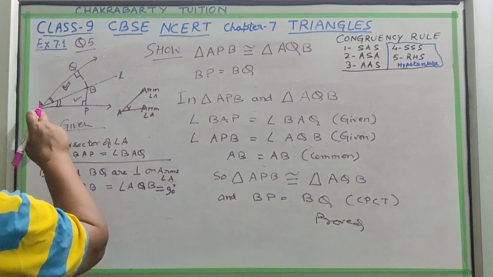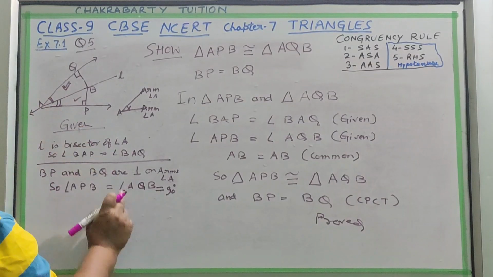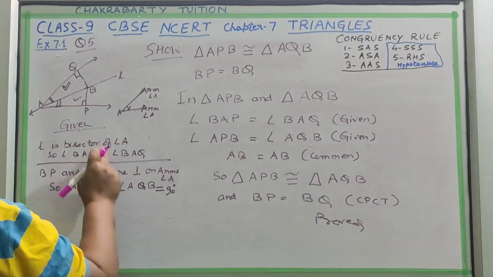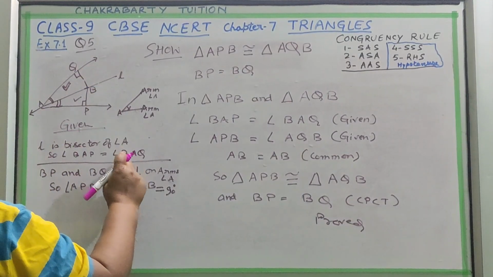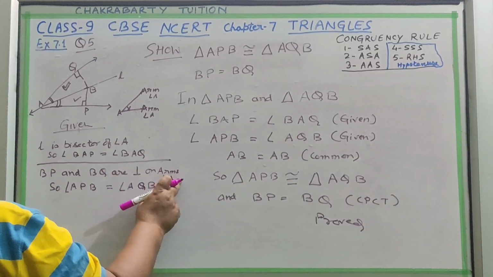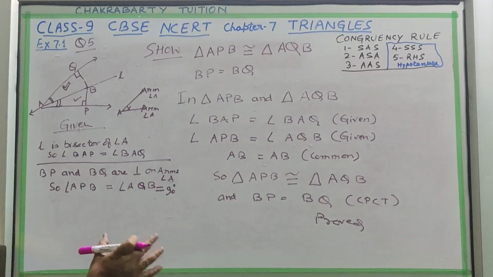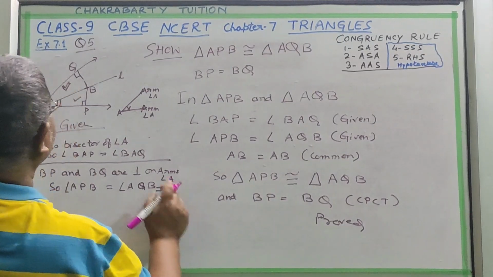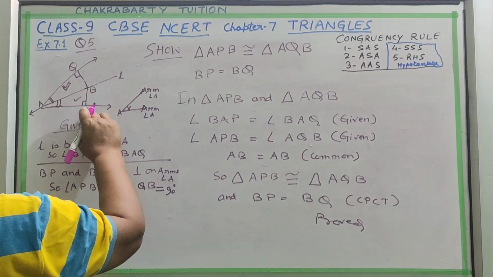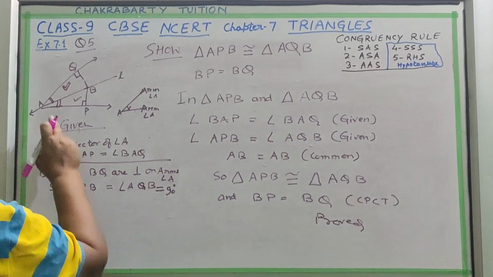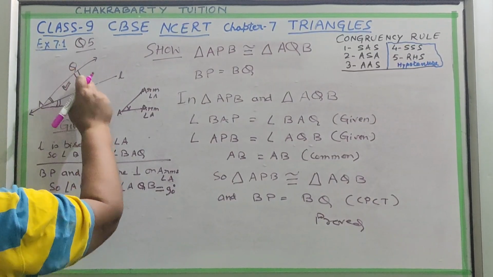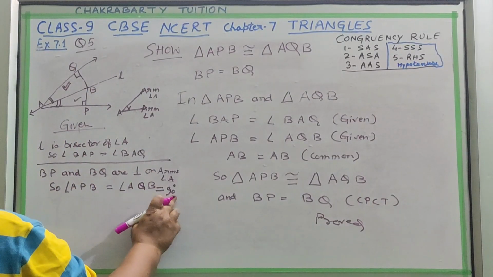Here angle A is there, so BP and BQ are perpendicular on the arms of A. When a line is perpendicular, it makes a 90-degree angle on the base. On this line it will make 90 degrees, and on this line also it will make a 90-degree angle. As such, angle APB will be equal to AQB, and both will be 90 degrees.